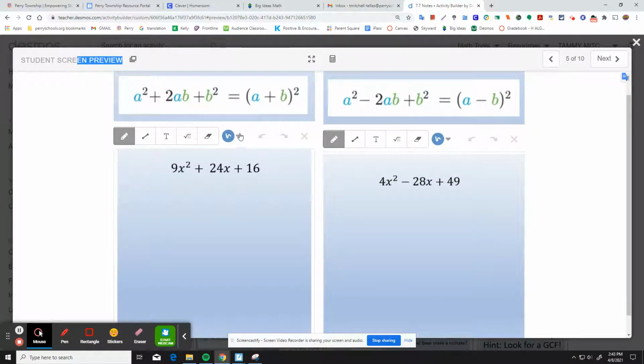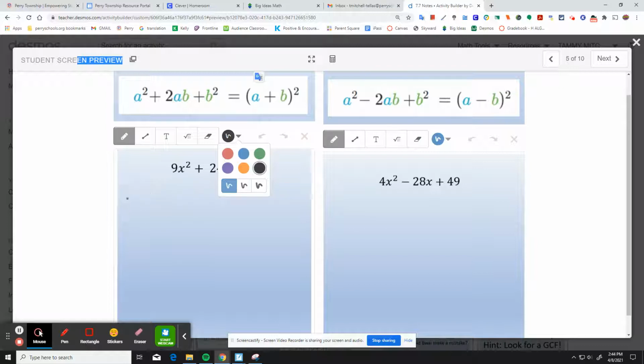So we learned this a little while ago when we were learning about 7.3, when we were learning about special products and difference of squares. So we learned this a bit ago.